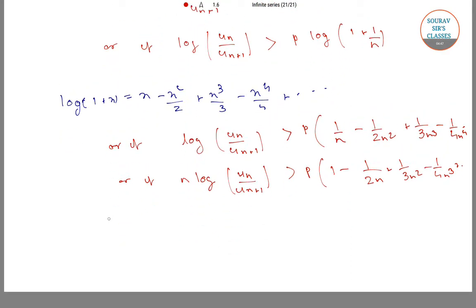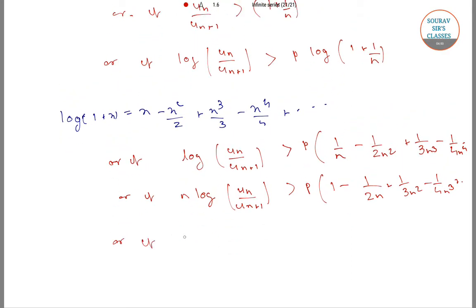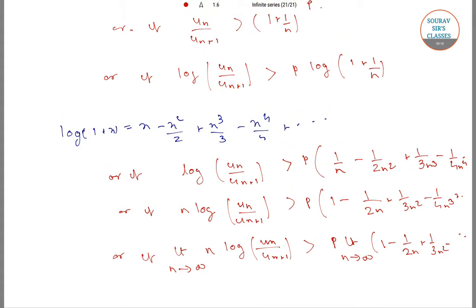Or if limit n tends to infinity, n log un by un plus 1 is greater than p into limit n tends to infinity 1 minus 1 by 2n plus 1 by 3n square minus and so on.